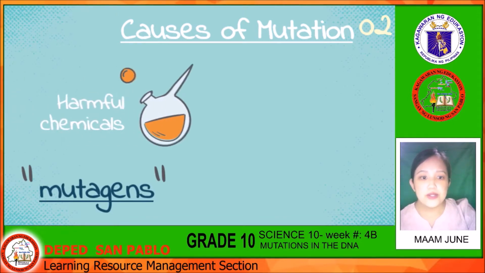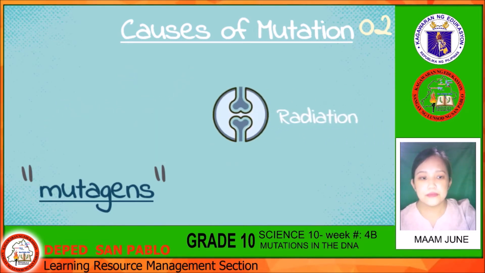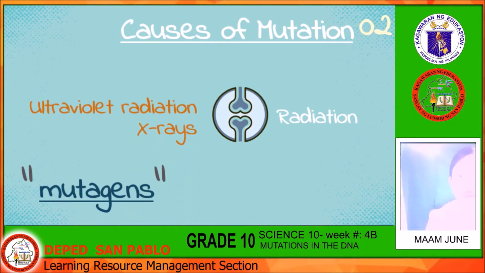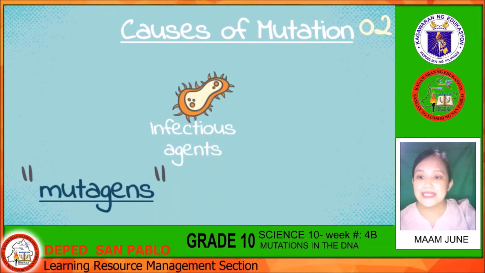Common mutagens are harmful chemicals such as carcinogens or cancer-causing substances, or even the smoke of your cigarette. Radiation, such as ultraviolet and X-ray, also causes these DNA alterations. Lastly, some infectious agents, such as specific strains of bacteria and viruses, are just a few of the biological mutagens possible.